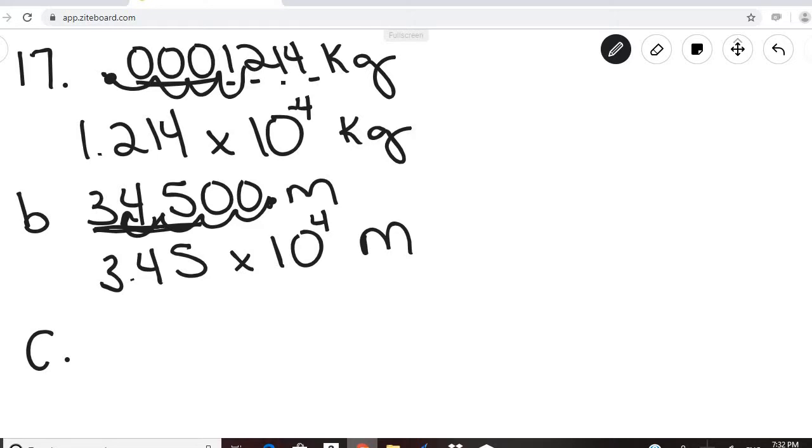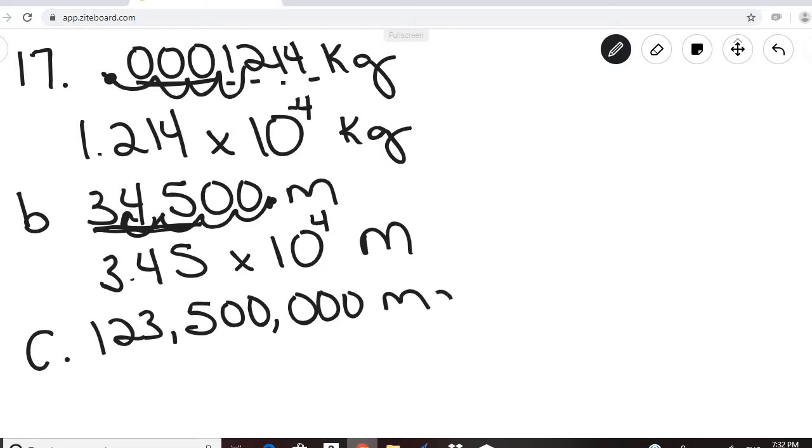Okay, C is 123,500,000 milligrams. Okay, so decimal place is here. None of these zeros are going to be significant because they're not after the decimal place, and they're not between 2 significant figures. So our significant figures are just the non-zero numbers. So 1, 2, 3, 4 significant figures.